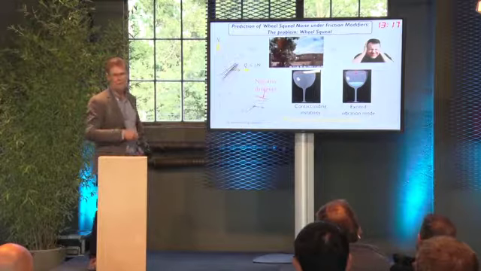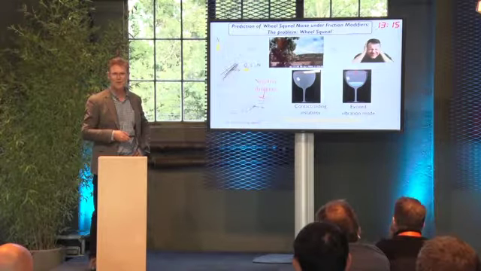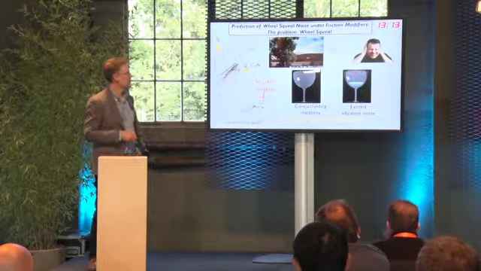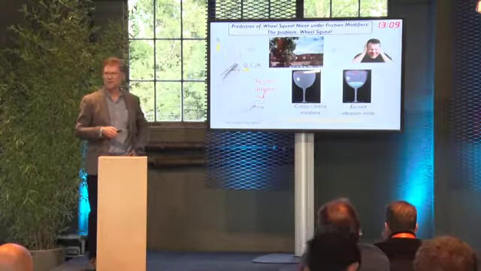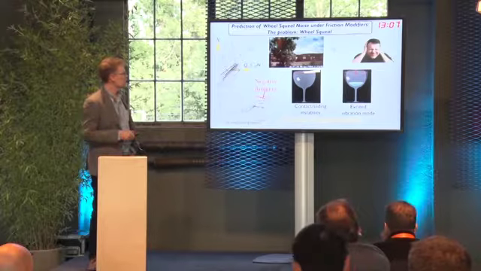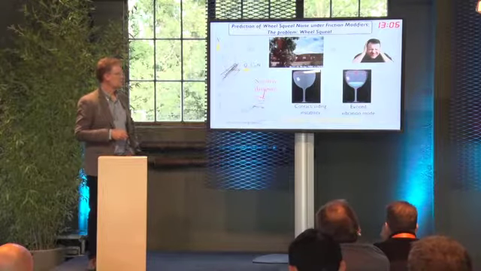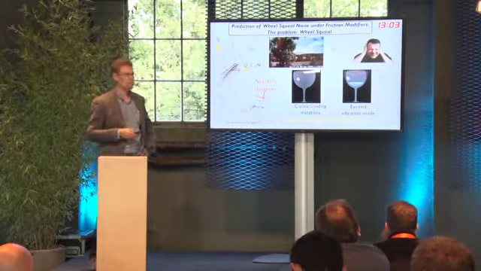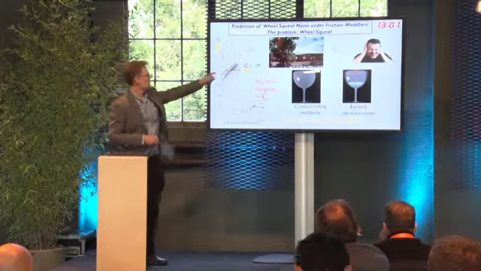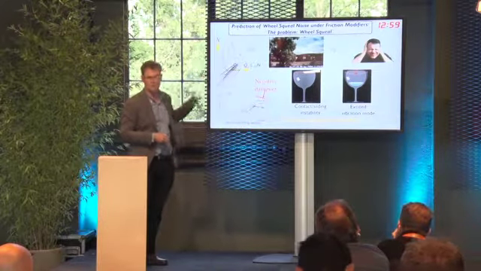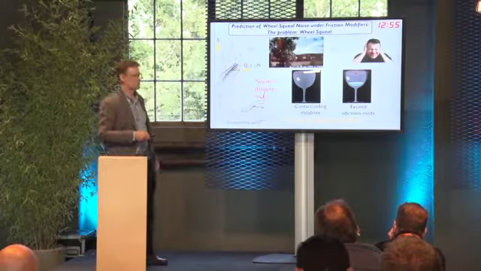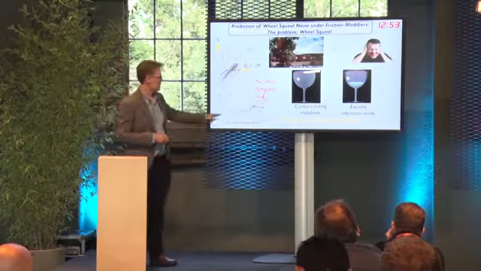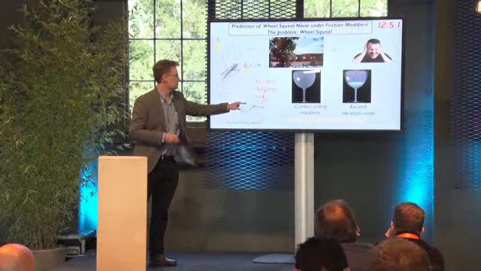This is an example of wheel squeal. I'm sorry, it's a very annoying tonal noise that occurs as a train goes around, typically a sharp curve. It's exciting one mode of vibration, typically a lateral mode, which is excited by lateral sliding, which is governed by this lateral creep curve.